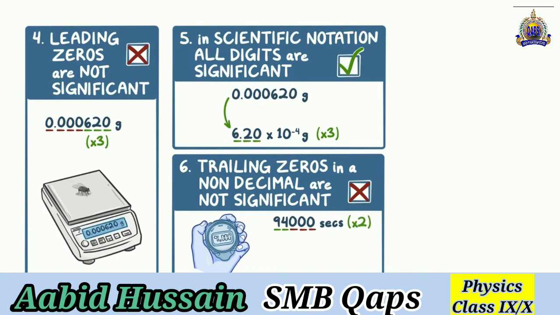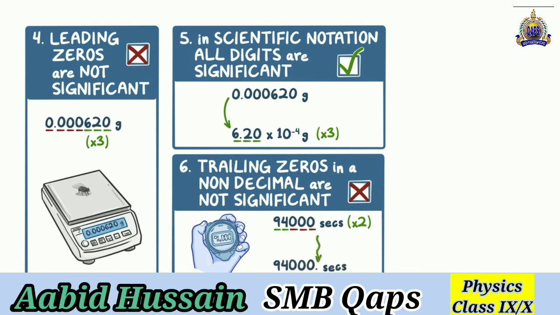Like we have 2000, there will be only 2 which is significant, but all 3 zeros will be called non-significant figures. Like we have 2700, these 2 zeros at the end will not be counted.